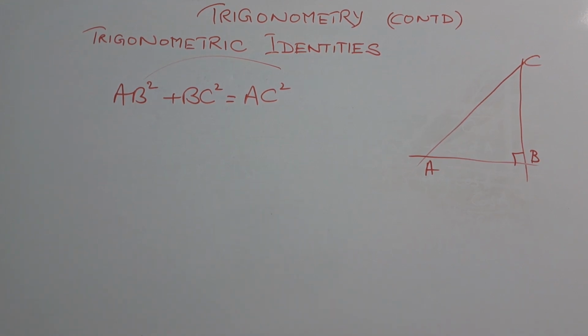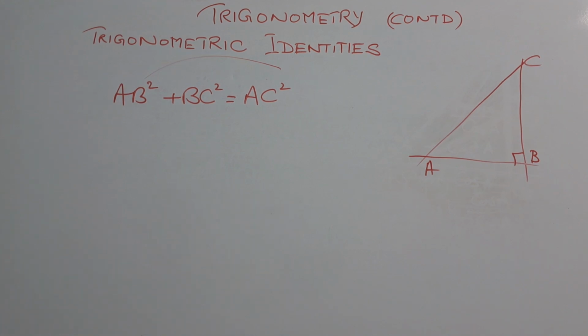In any right triangle, base square plus altitude square is equal to hypotenuse square, or the square of the longest side is equal to sum of squares of other two sides.